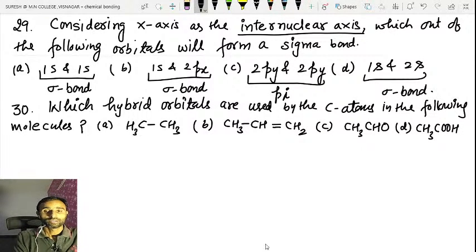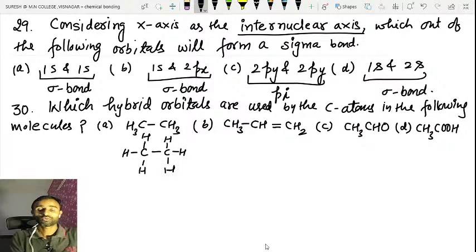So tell me, in the first case, you can write it like this. To find out the hybridization of the molecules involving carbon, there is a finger rule. See, these are the 4 fingers.